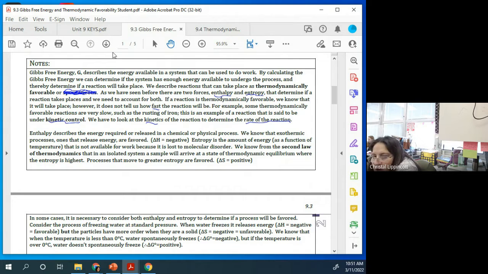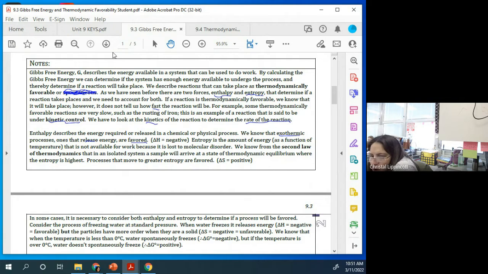Okay. So enthalpy is going to describe the energy required or released in a chemical reaction. We know that exothermic processes are ones that release energy. Those tend to be favored. So when delta H is negative, all kinds of reactions tend to go that way. Entropy then is the amount of energy as a function of temperature that is not available for work because it's lost to that molecular disorder.